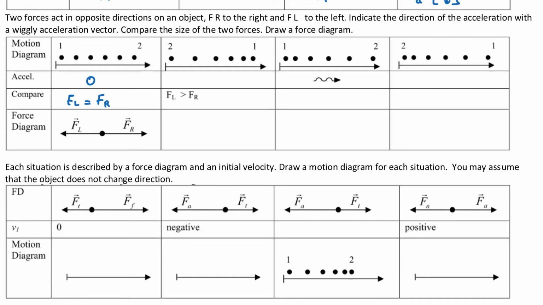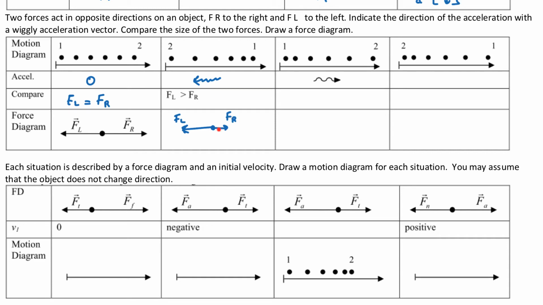For the next one, we can see that the force on the left is bigger than the force to the right. If that's the case, that means it for sure is going to accelerate in the direction where the force is bigger. So that's going to be in this direction. In the force diagram, we know that Fl is bigger and Fr is smaller. In my case, I'm just drawing, I'm not putting the vector sign.